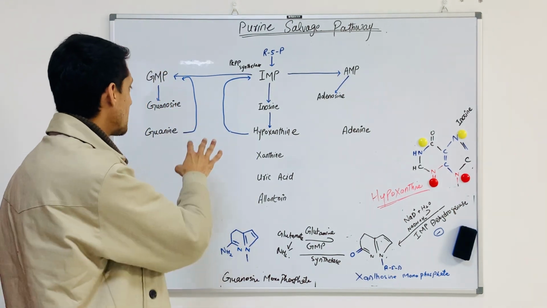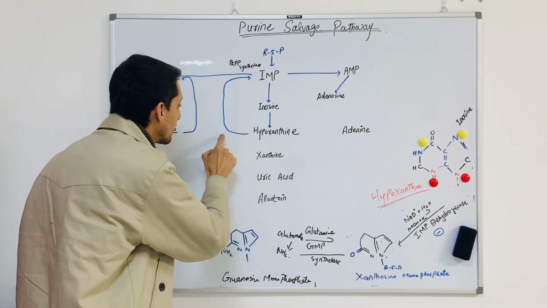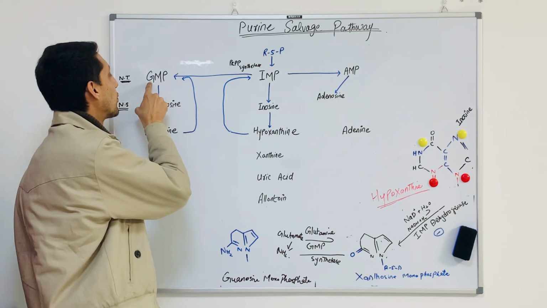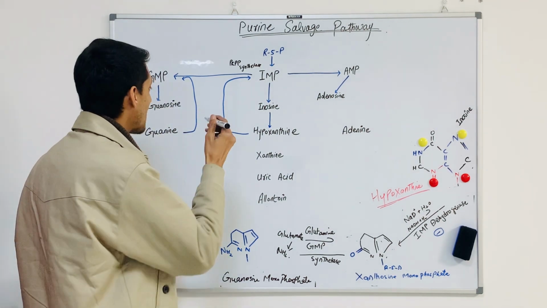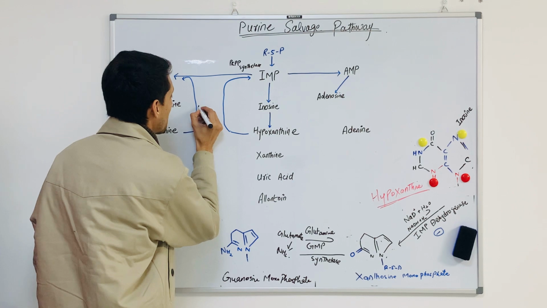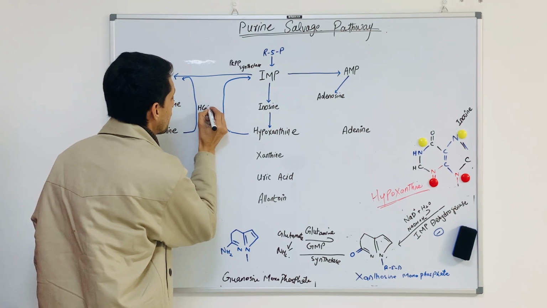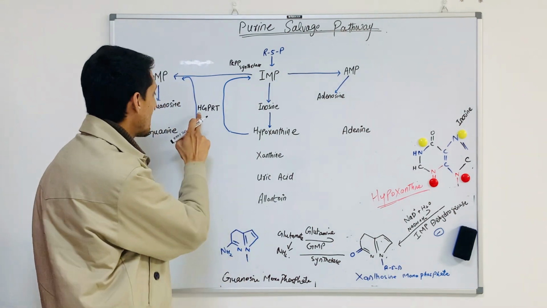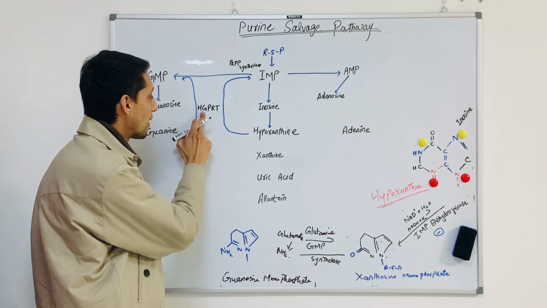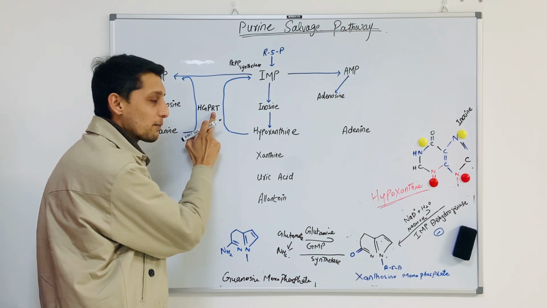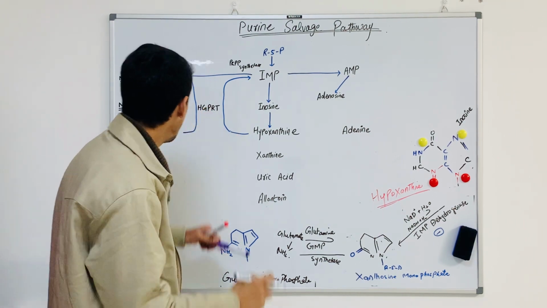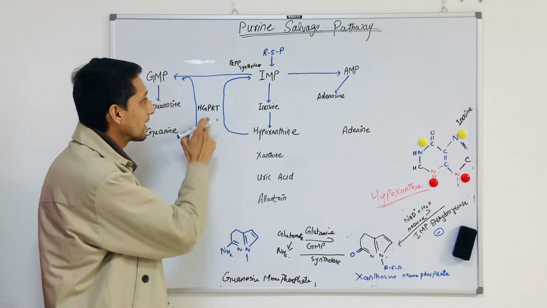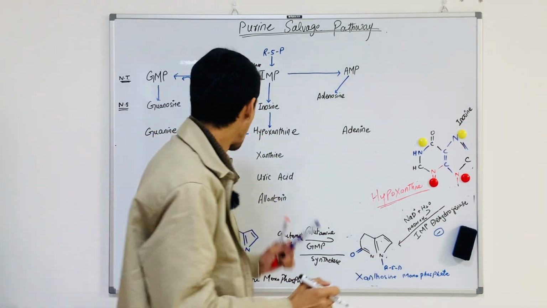Only one enzyme is required for hypoxanthine to get converted into inosine monophosphate, and guanine to get converted into guanosine monophosphate, and that is known as hypoxanthine guanine phosphoribosyl transferase. Keep it in mind, this is HGPRT, hypoxanthine guanine phosphoribosyl transferase, required for guanine to convert into guanosine monophosphate and for hypoxanthine to get converted into inosine monophosphate.